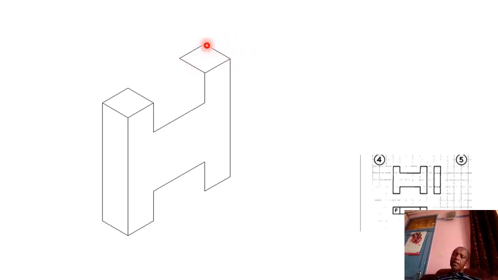So any line that is moving in that direction must be parallel to each other. Any line that is vertical must be parallel to each other. That's how you prove that your diagram is actually right. Each line which is running in the same direction must be parallel to each other.